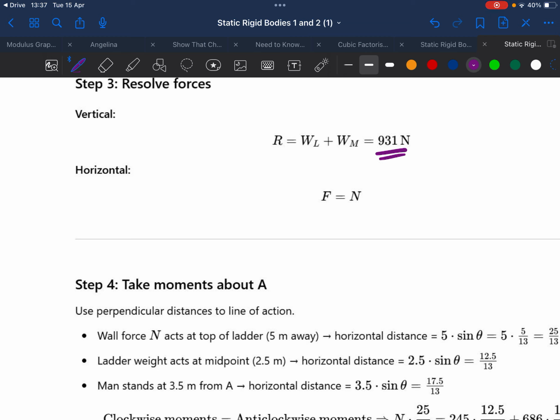And that's going to be equal to the floor. So that's the first one that you could do. You could instead write this as 95G. Okay, horizontally, you've got the friction, which you might also call mu R, equal to S. So you're going to end up with that equation there.